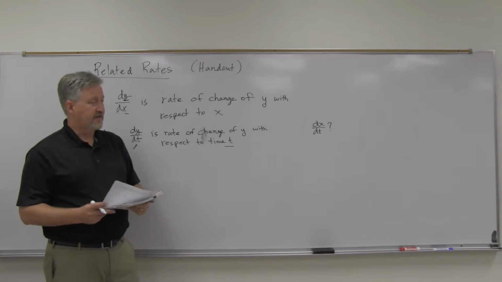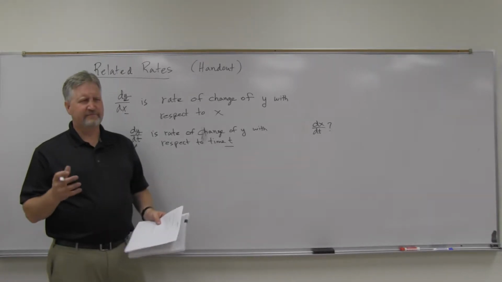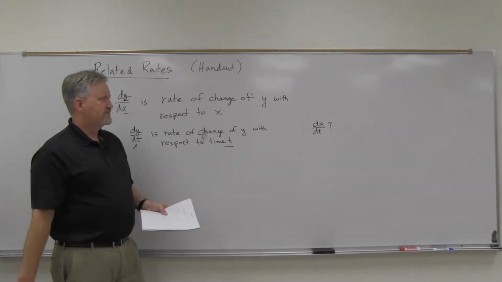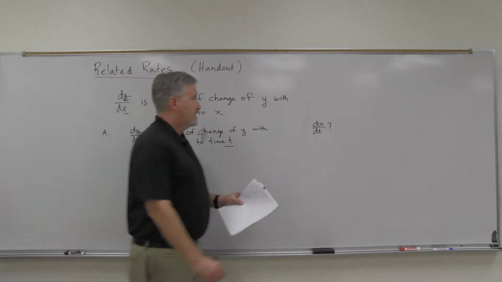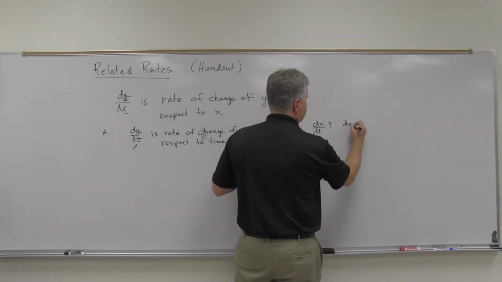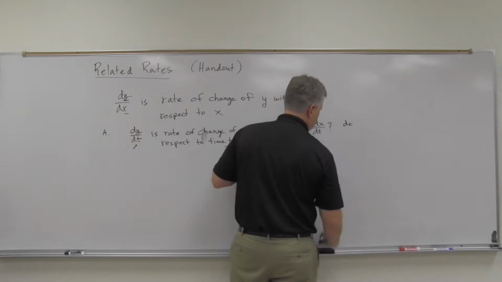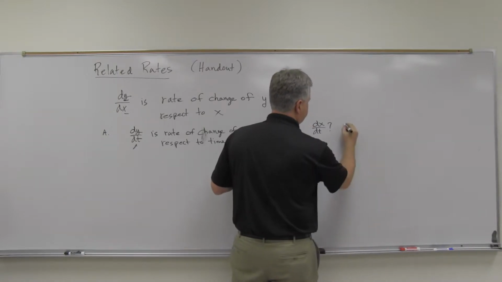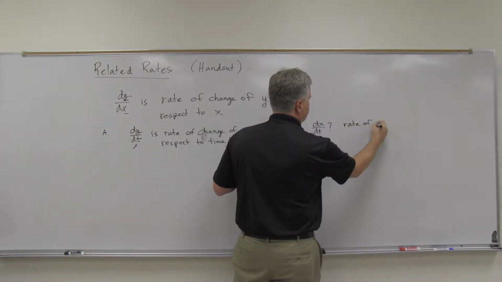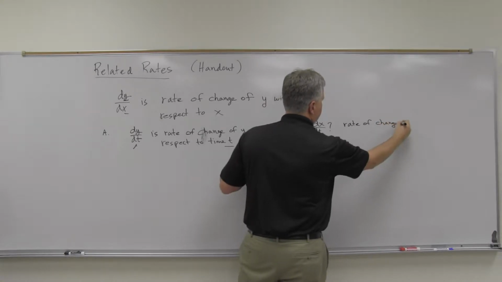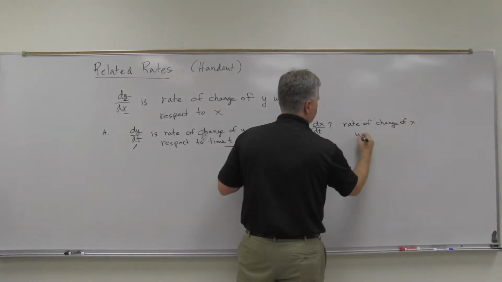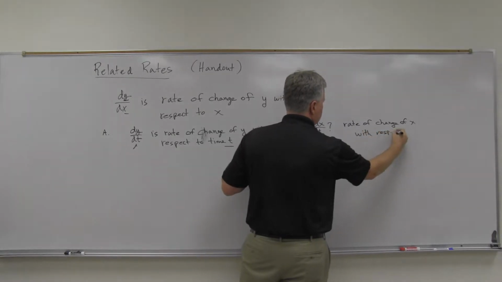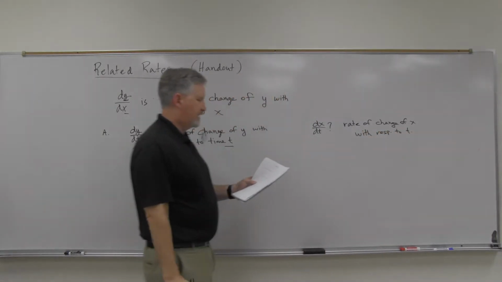And so that's sort of a change. It's not really a change, but something else we'll be considering. So that'll be the derivative of x with respect to t. So that's the rate of change of x with respect to t. Okay, so that's going to be something.